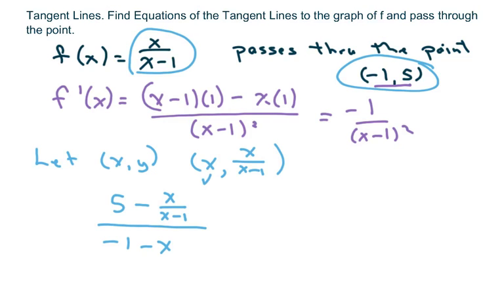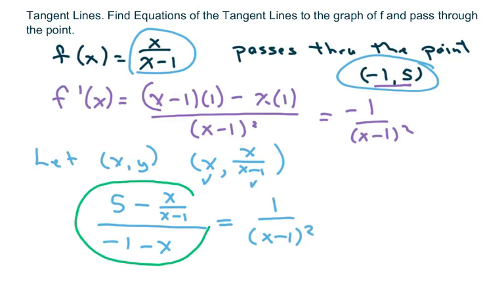So this is your x, and this is your y. So when you get this, this should equal 1 over x minus 1 squared. So basically this is your slope: y2 minus y1 over x2 minus x1.